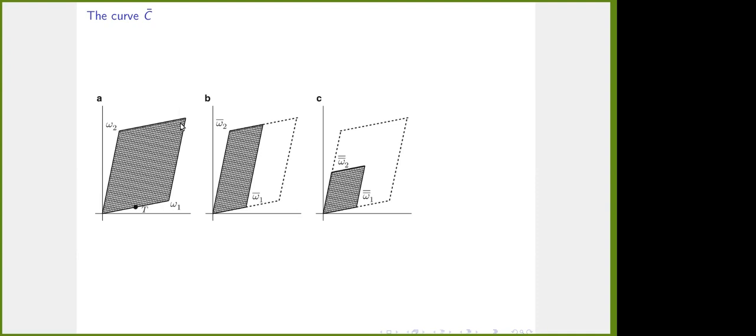I'm going to define a map φ from this elliptic curve to another elliptic curve, which has a fundamental domain in this shaded region, half of it. So it goes from here to here.